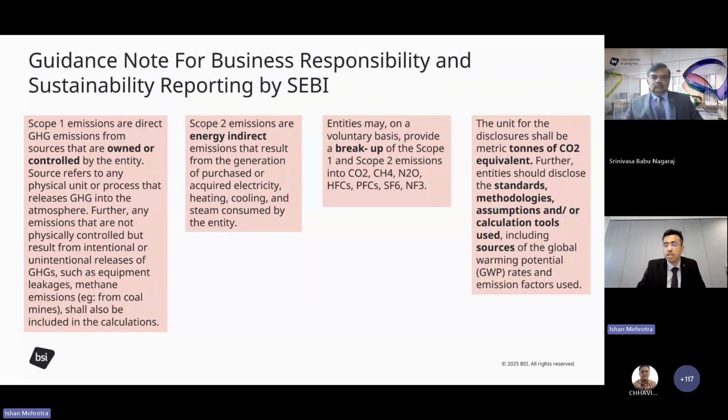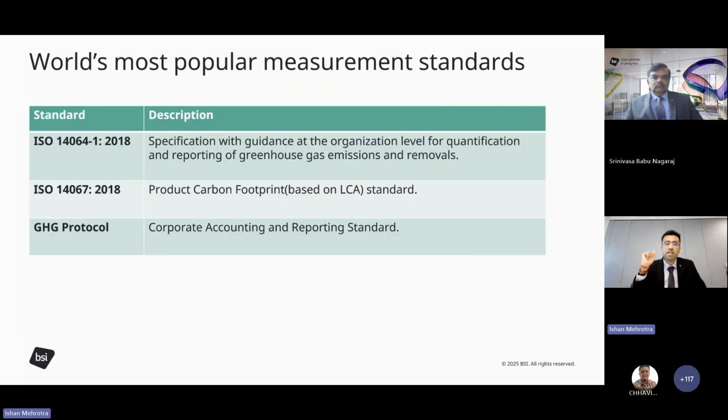And when we see which are the globally available standards, the most popular measurement standards, these two exist. One is ISO 14064 Part 1, which talks about organization level carbon footprint quantification. There is also ISO 14067, which supports the calculation of product carbon footprint, which is based on life cycle assessment, LCA.